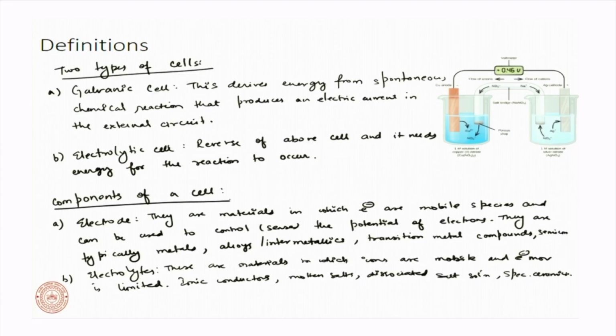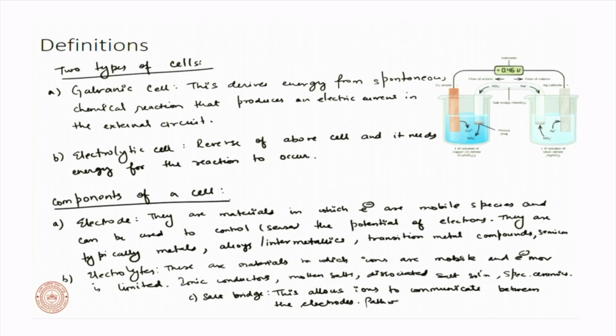The third and the final component, that is component C, is your salt bridge. This allows ions to communicate between the two electrodes, the pathway for the electrolyte.